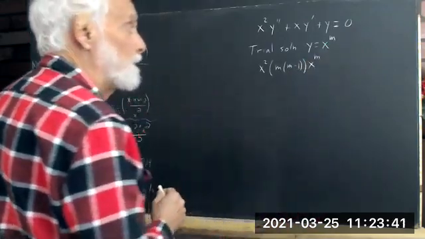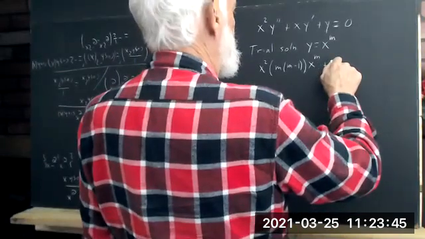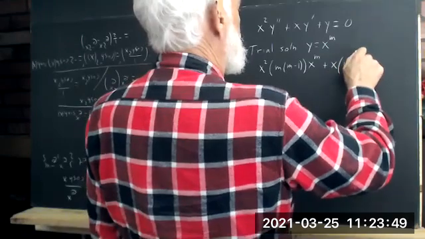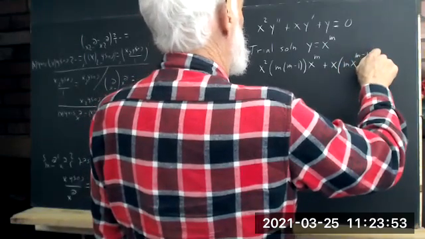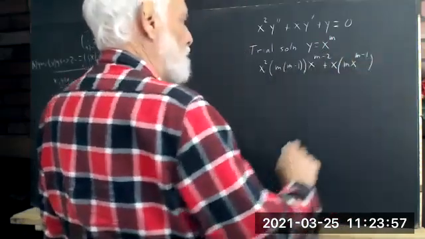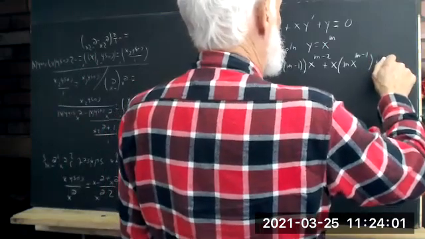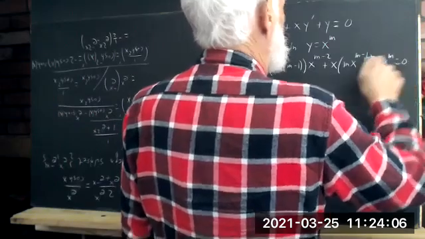x to the m. And then you're going to have plus x times m x to the m minus 1, and this should be m minus 2 here. Multiply them out before I multiply them out. And then this would be plus x to the m equals 0.